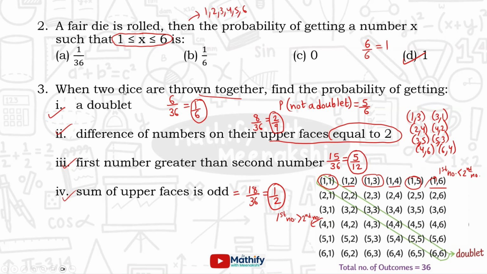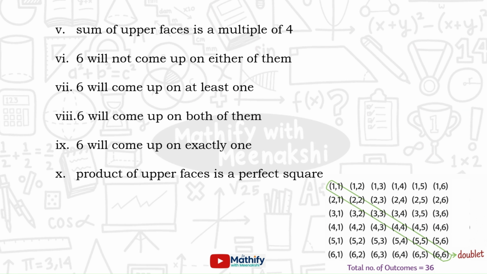Now let's move to fifth part of this question. Sum of upper faces is a multiple of 4. Now this means that your sum can be 4, then 8, then 12. Last is 6 by 6, so maximum possible sum can be 12. So let's write the outcomes now. For 4, we can have 1 3, 3 1 and 2 2.